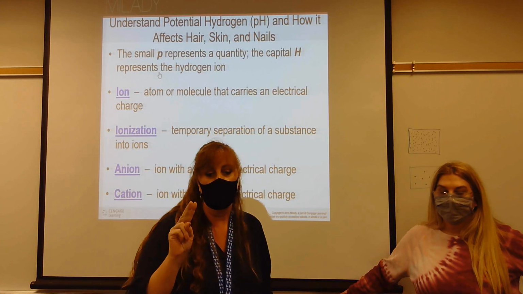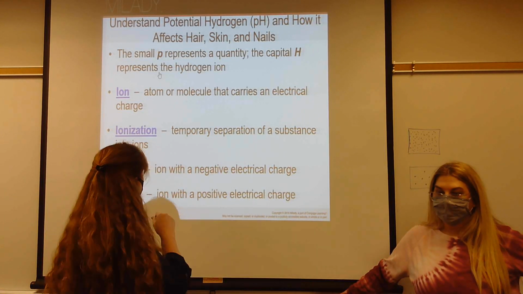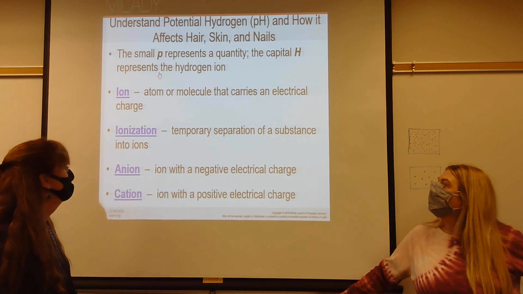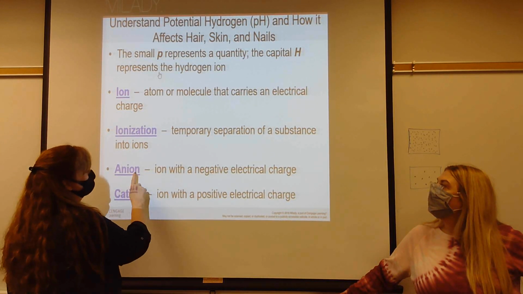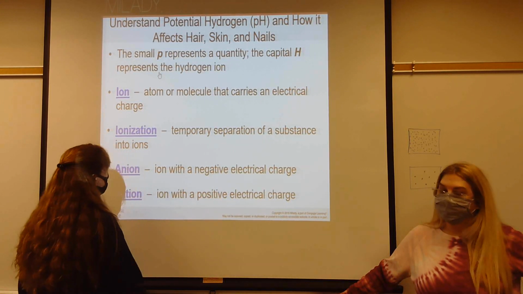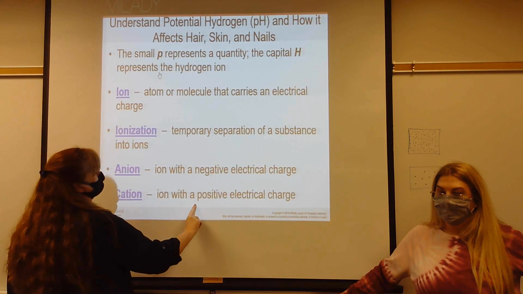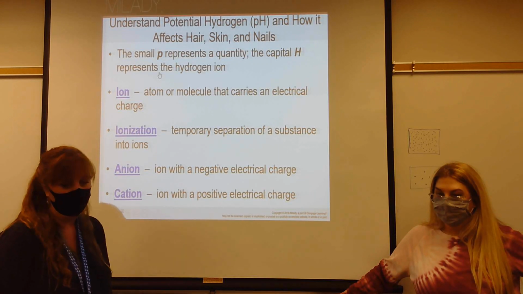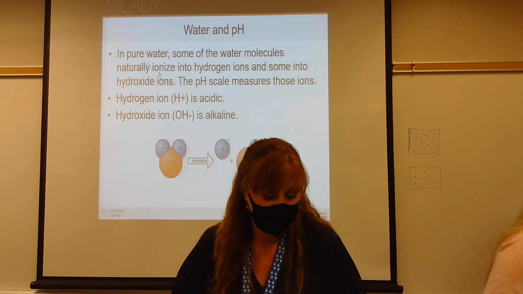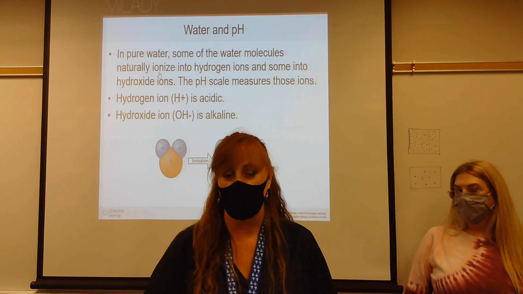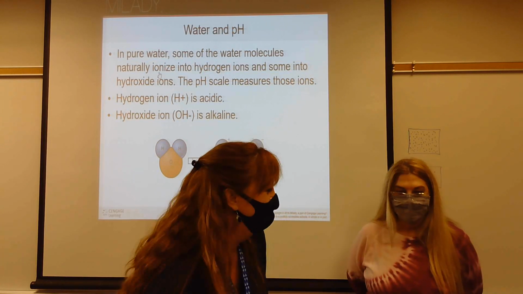You have two different types of ions, your anion and your cation. An anion is a negative charge and a cation is a positive charge. I was trying to make it way more complicated than it was.